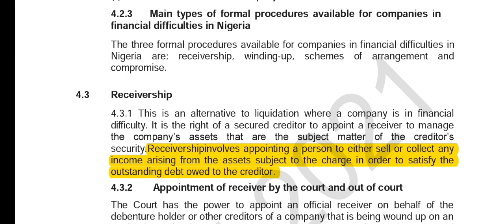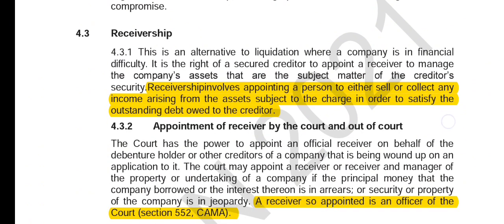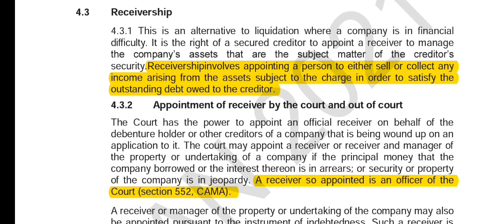Then a receiver is appointed. A receiver is appointed either by the court or by the creditor to the company. So let's look at 4.3.2, appointment of receiver by the court and out of court.